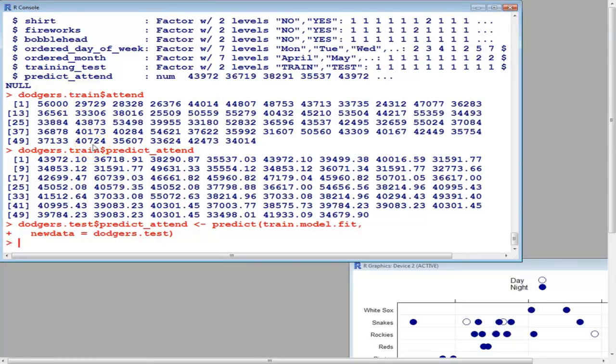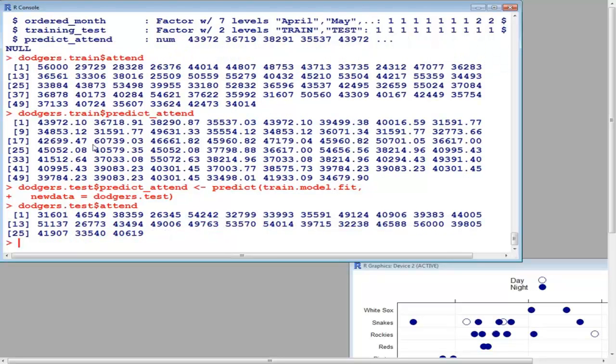Okay, let's just do it to see what it looks like. I'll do that one first. This should be test, and then this should be train, predict, test.